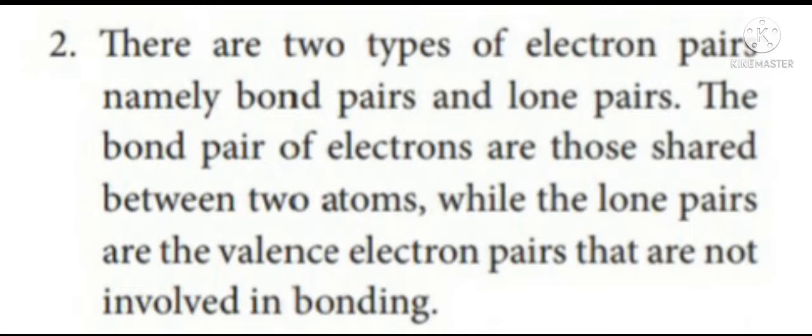Already we discussed bond pair and lone pair electrons. The electron pair which is involved in bonding is called bond pair electrons. The electron pairs which are not involved in bonding are called lone pair electrons.